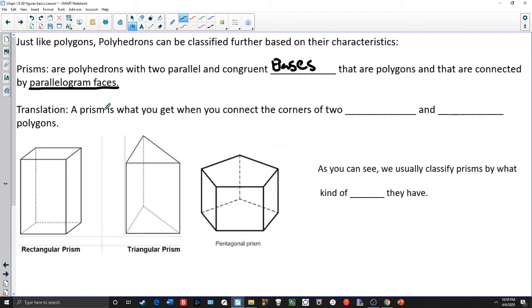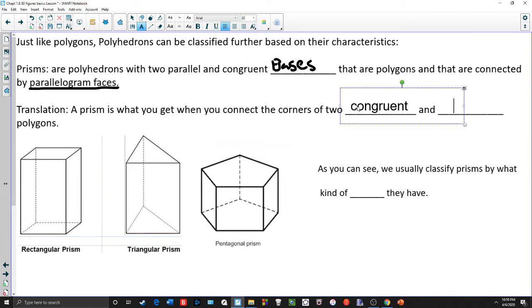So how does that translate into normal speak? Basically, a prism is what you get when you connect the corners of two congruent and parallel polygons.